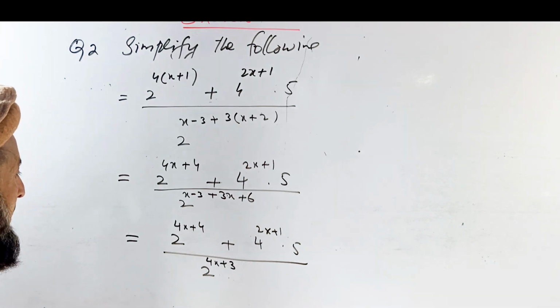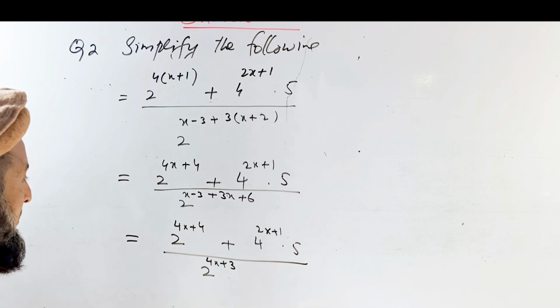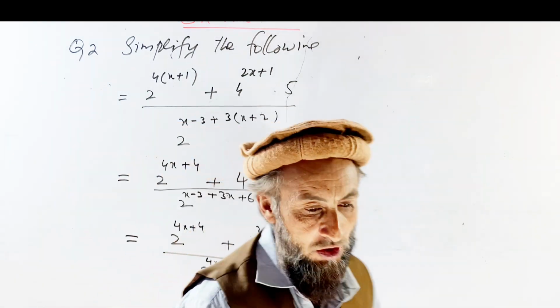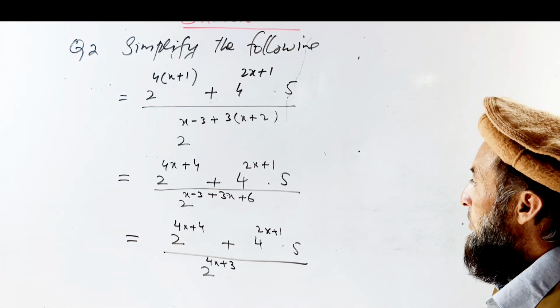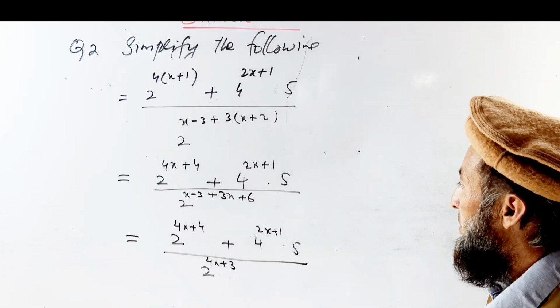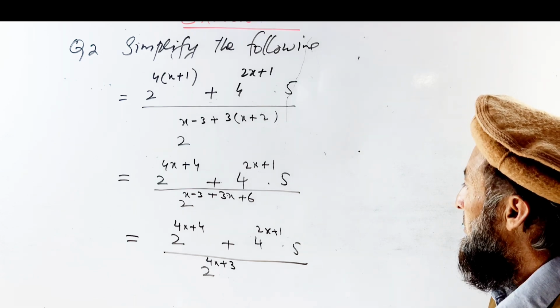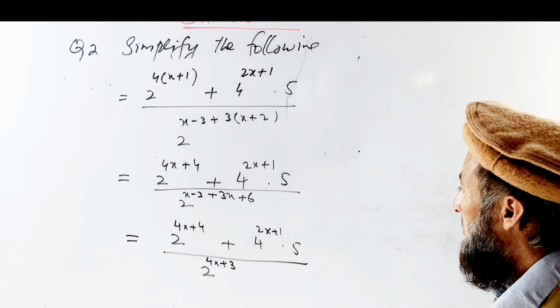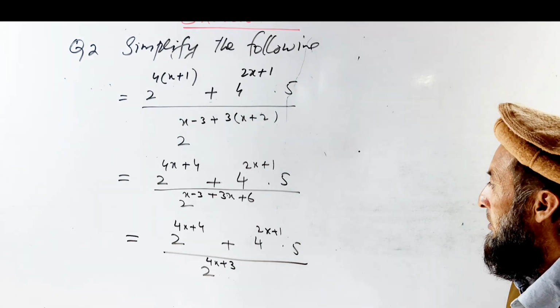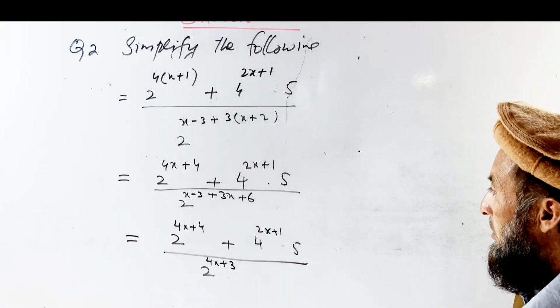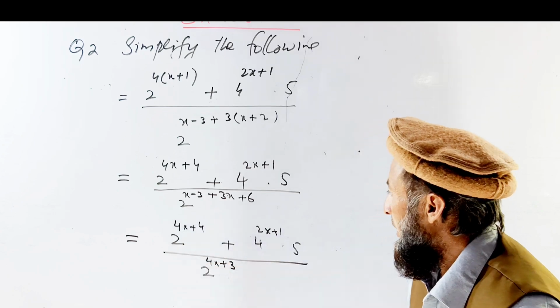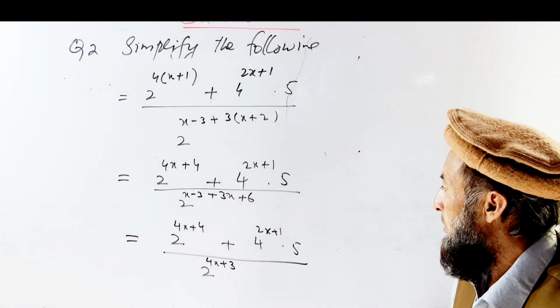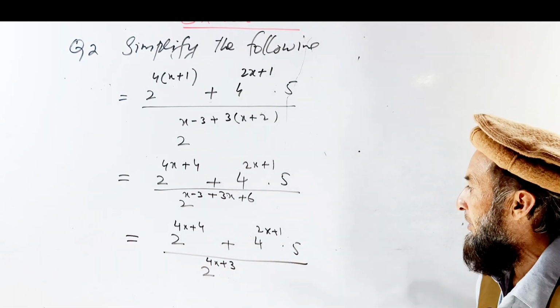Now 2^(2x+1) is required in each term. If we take common from these terms, both are cancelled to each other, so we can write this term 2 power 4x and here is 4 power 2x, so this will be simplified further.